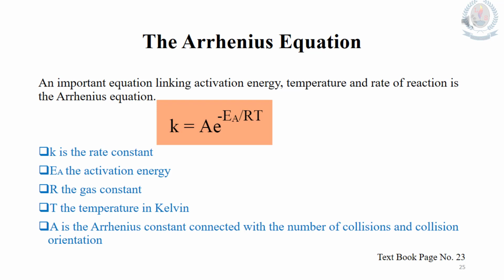Here k is the rate constant. EA is the activation energy. R is the gas constant. T is temperature in Kelvin. A is the Arrhenius constant.